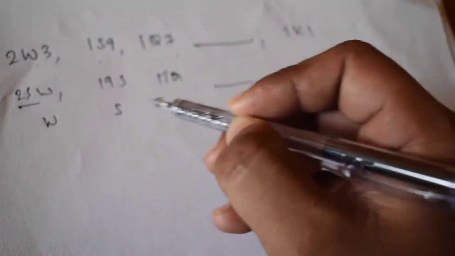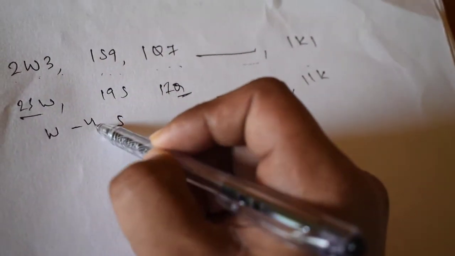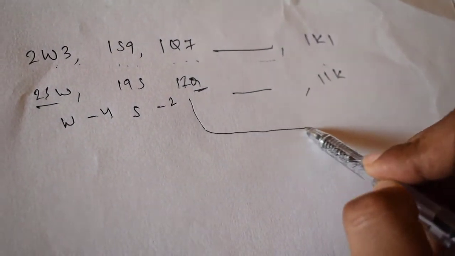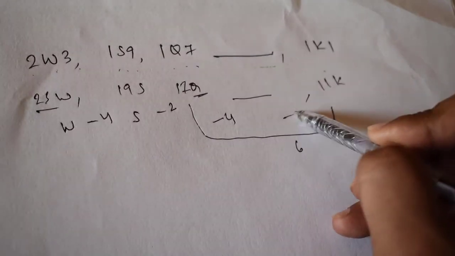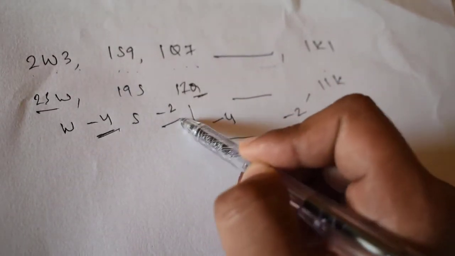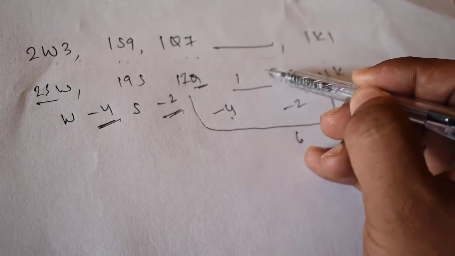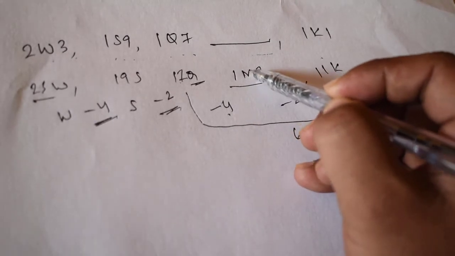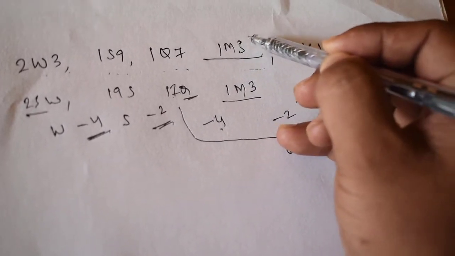The 19th one is S. The 17th one is Q. And the difference is minus 4, then minus 2. And the difference between 17 and this 11 is 6. So we need to reduce this by 4 and this by 2 because it will be following the same order here. So 17 minus 4 should be 13. 1, 3. So the 13th alphabet is M. So 1M3 will be the next term in this series.